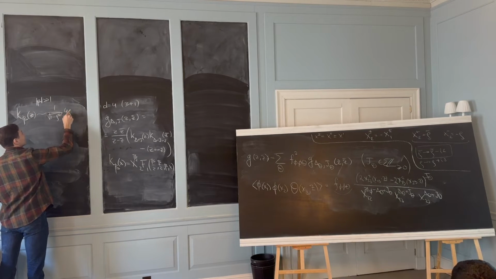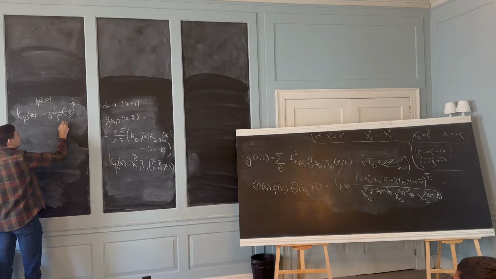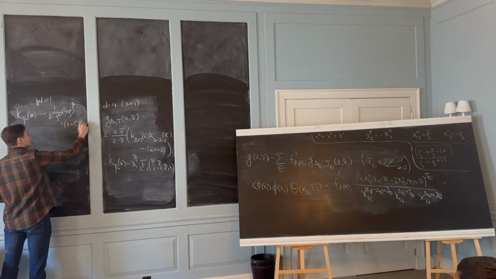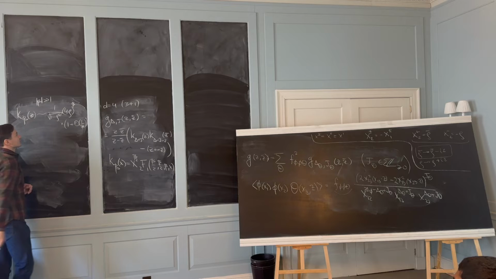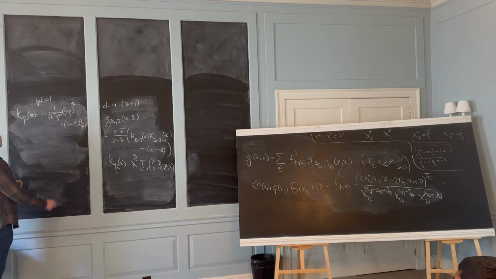Then you get 1 plus 1 over beta corrections. So the leading asymptotic is this, and then there are multiplicative 1 plus something corrections.